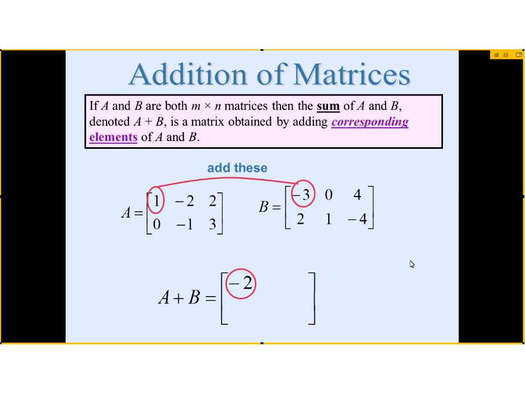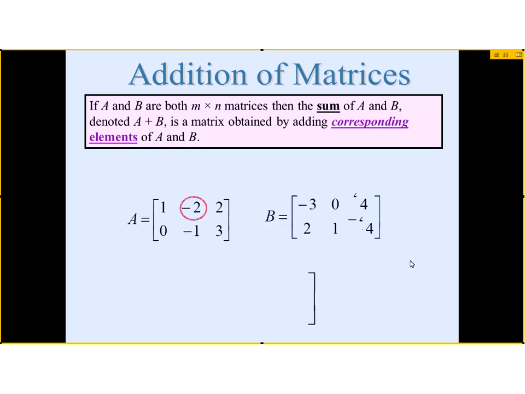Similarly, we can add the rest of the elements. The next element is -2 plus 0, which is equal to -2. Similarly, 2 plus 4 is equal to 6, and similarly I can add the rest of the elements.